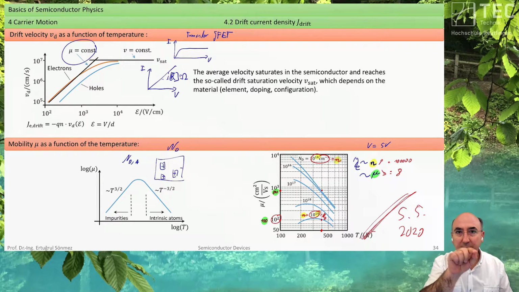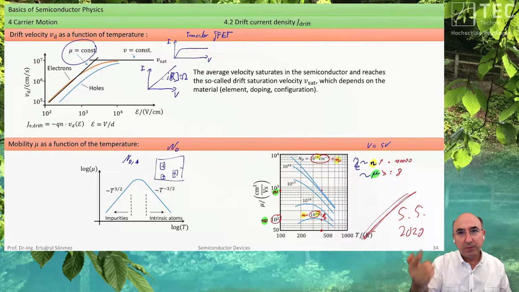The saturation is caused by the change in the effective mass. You can read it in the E-k diagram. So the saturation takes place. So we have two areas, constant mobility and constant velocity. So this we have at the moment.